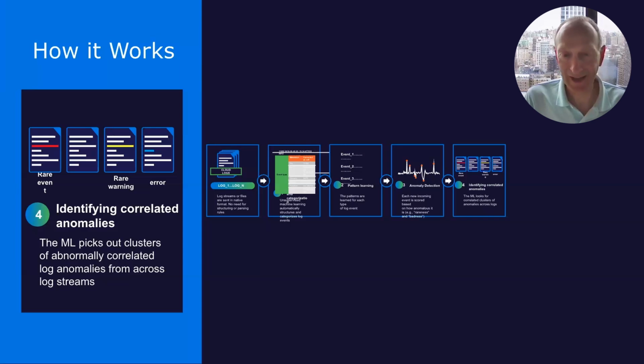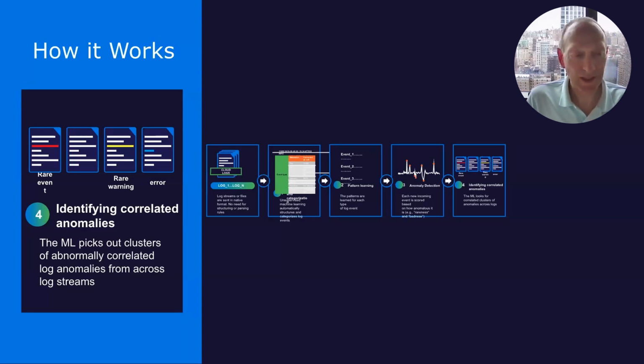And this is really how we pull out a signal, and then we get a finer grained signal from the noisy signal by looking for correlations. So what happens now is we know essentially the distance between any two anomalies across any two log streams based on normal patterns, and we look for where that's abnormal, and then we look for where it's abnormal across multiple different things going on.